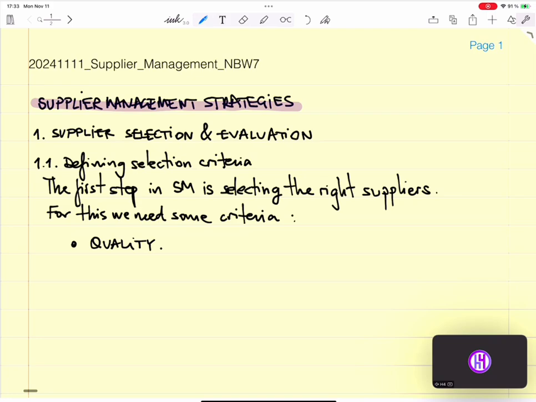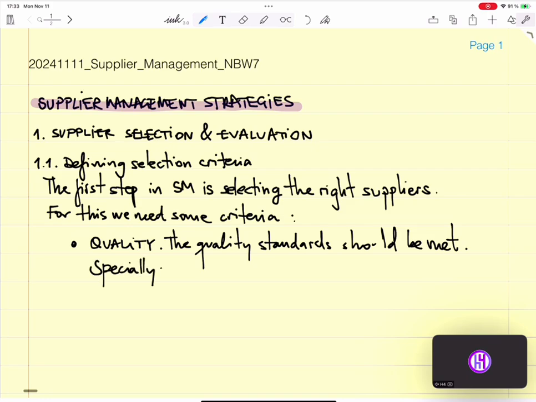Quality. So the quality standards should be met, especially in critical industries like healthcare, automobile, and so on.